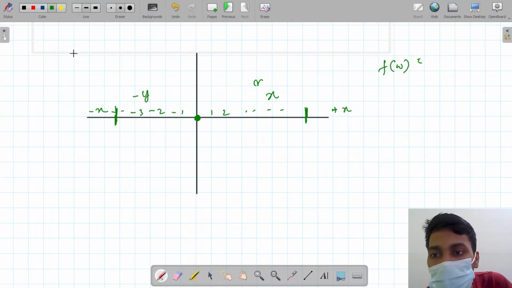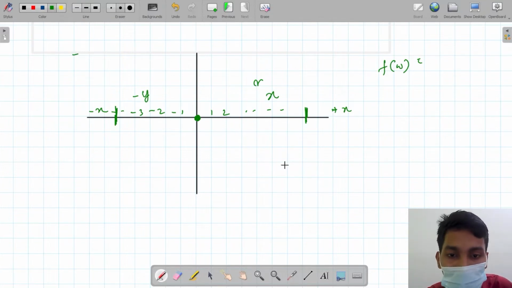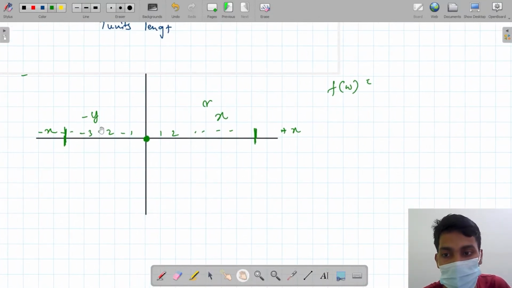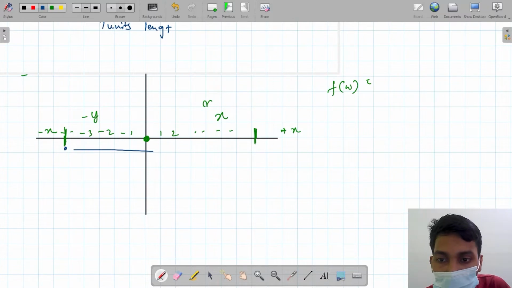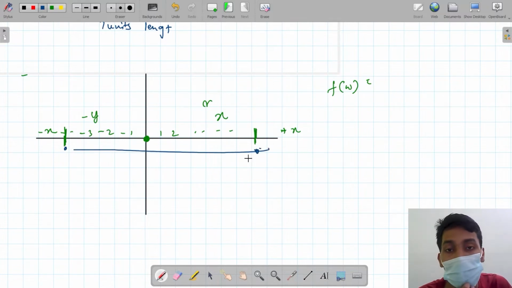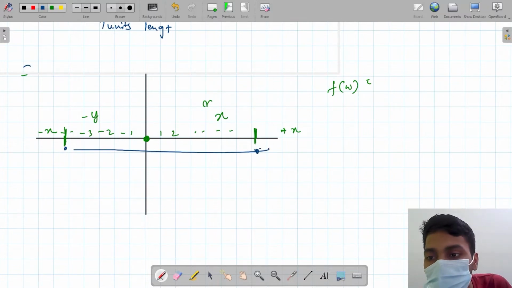So to bring it to a total, I have to add the distance. I have to find the total distance from this particular point to this particular point. Then I have to add these two values, but one of the values is negative.